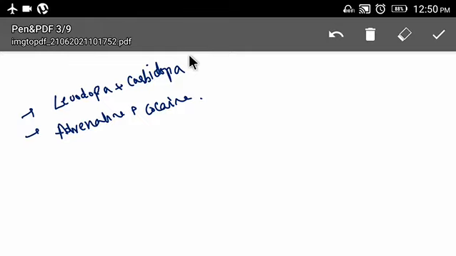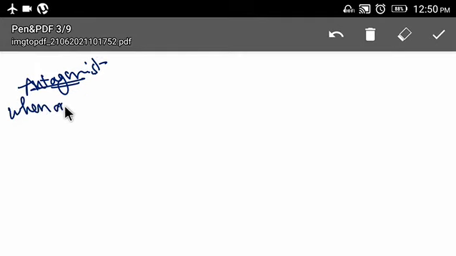Now let's move to antagonism. As I told you, in antagonism the drugs will inhibit each other's action. So let's put this into definition form.